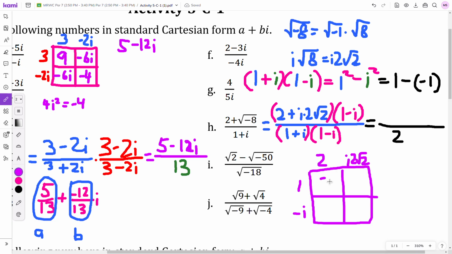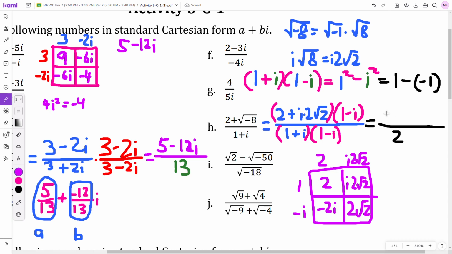And so this is going to give us 2. This is going to give us i times 2 root 2. This is going to give us minus 2i. And this is going to give us, I'm just going to go ahead and simplify it in my head, i squared is negative 1, minus negative 1 is positive. So this is just 2 root 2.